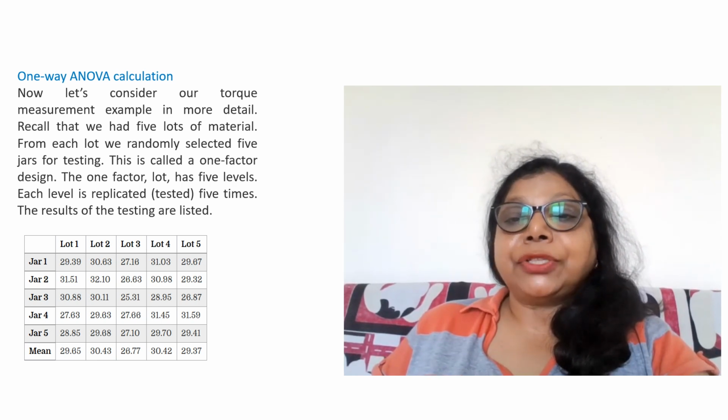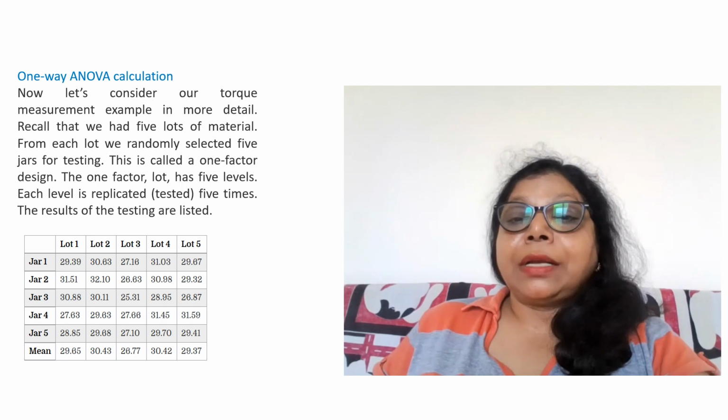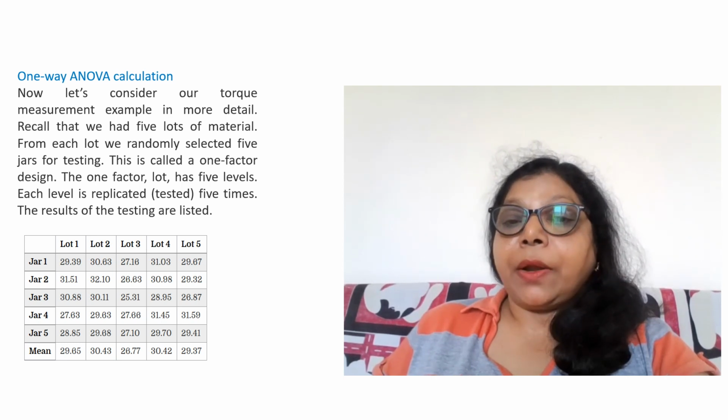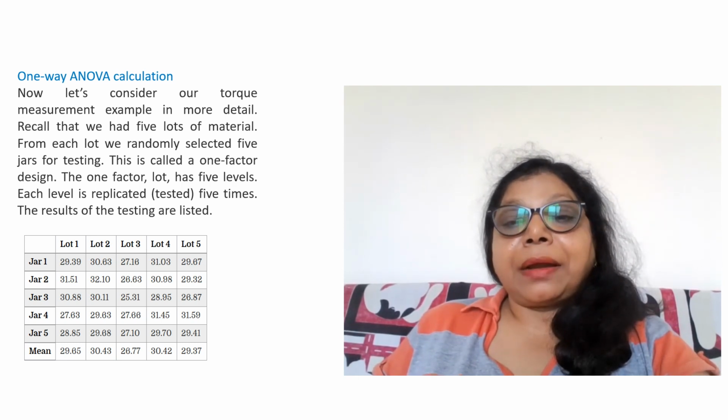One way to answer questions about specific differences is to use a multiple comparison test. We can compare group means to the overall mean using analysis of means, and to compare individual pairs of means, we can use the Tukey-Kramer multiple comparison test.